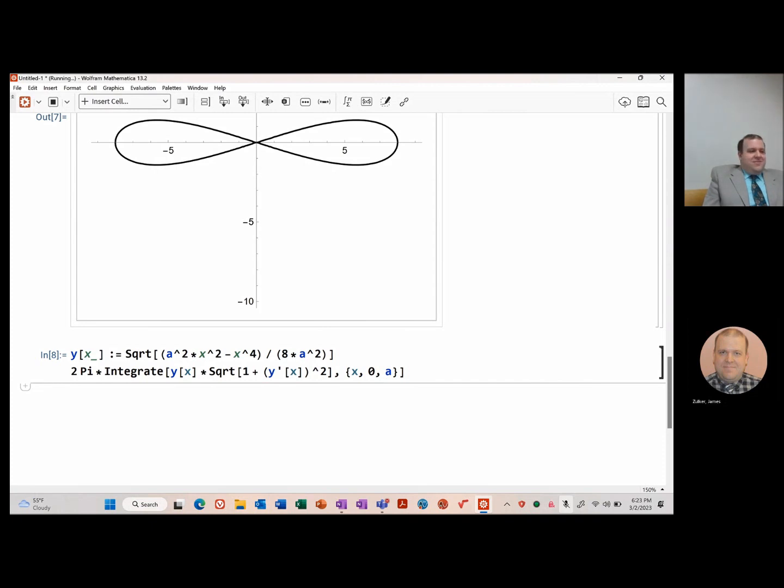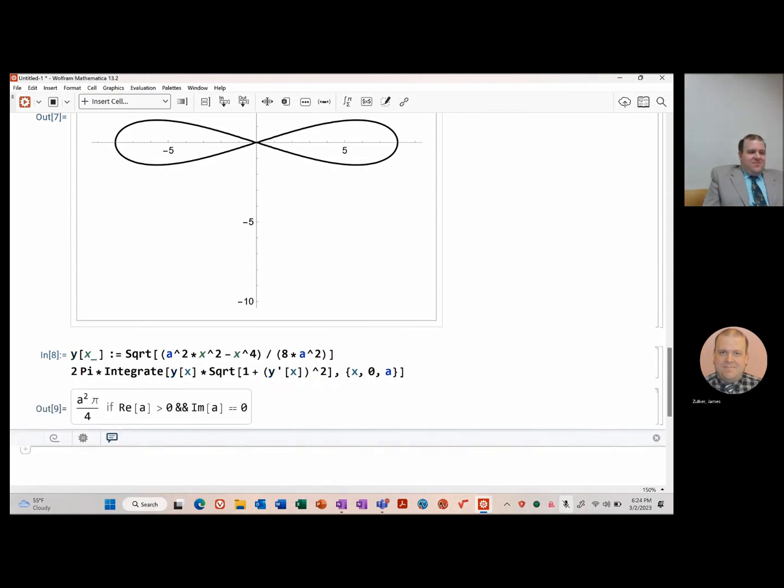When you code that, you have to say what you were deriving or integrating with respect to. I did. Oh, right, so this first is saying it's with respect to what, and then from what to what. Okay, perfect. As long as the real part of a is greater than 0, which we're assuming it is. We're assuming it's a real number, and imaginary part of a is equal to 0.